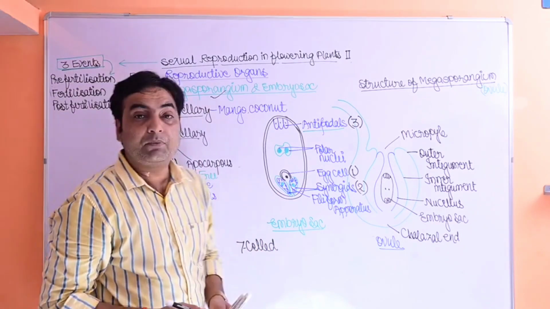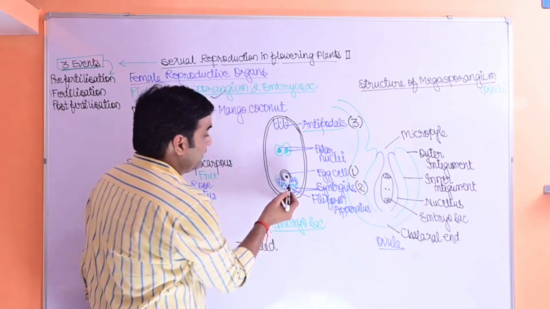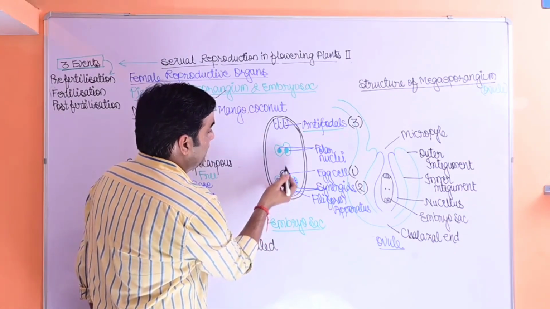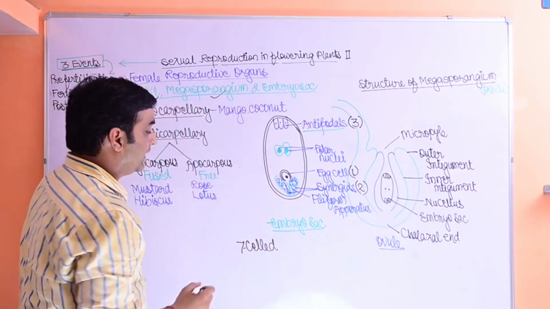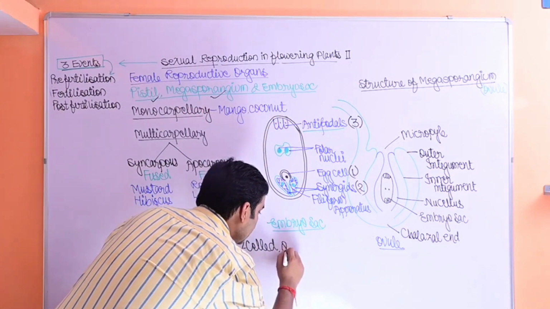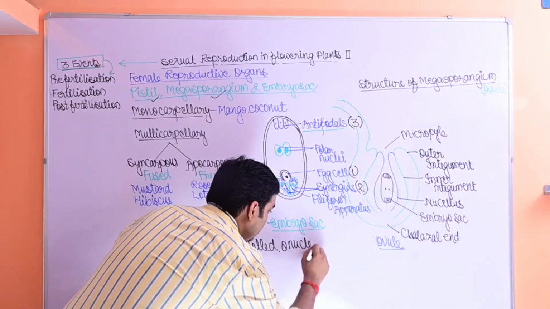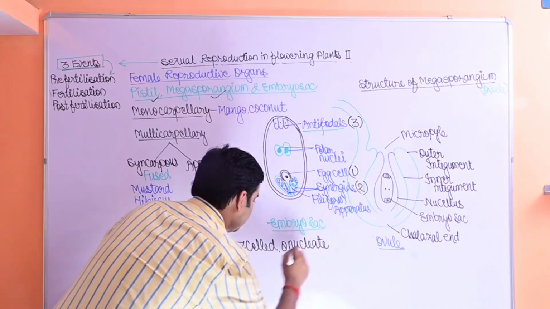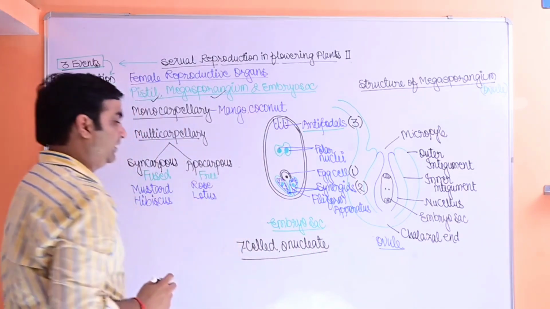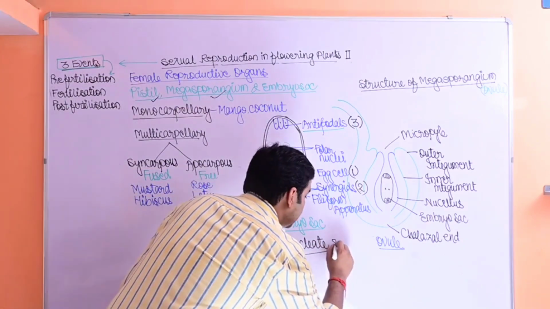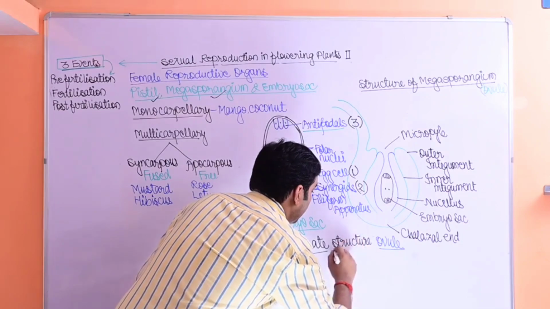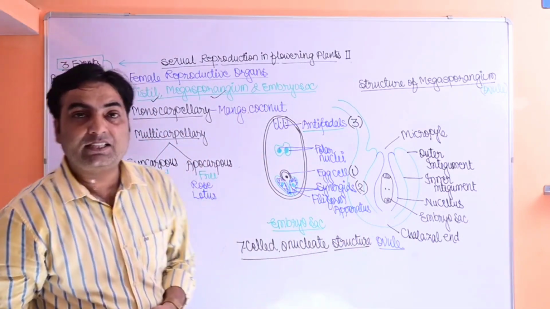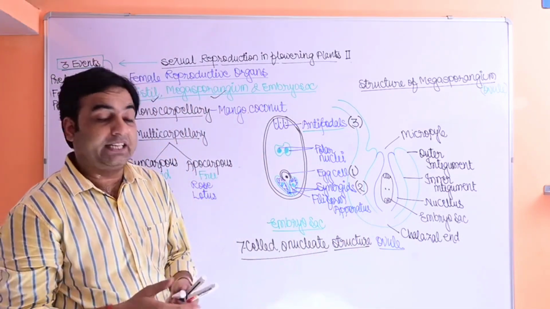And let us count the number of nuclei present in them. 1, 2, 3, 4, 5, 6, 7, 8. And that is why this structure is called 7-celled 8-nucleate structure. There will be a board examination question: what is a 7-celled 8-nucleate structure.